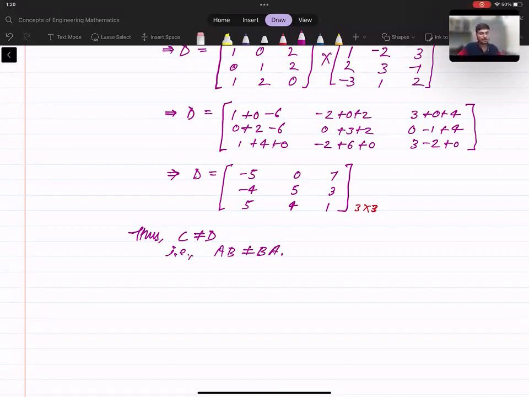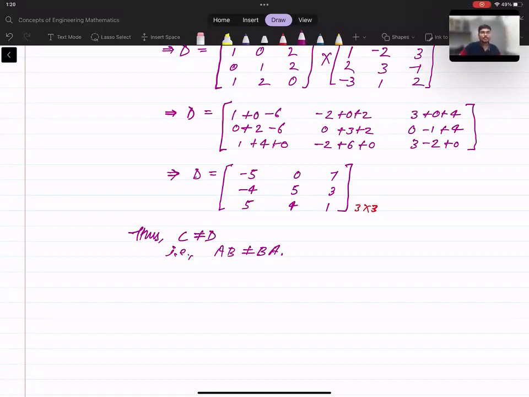Okay, so with this, we will now move towards finding the inverse of a matrix. Before that, we will see the concept of adjoint of a matrix.